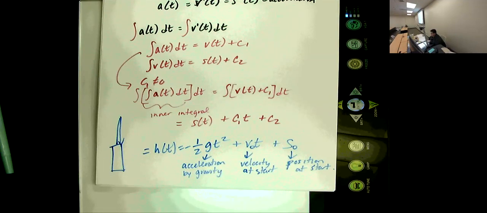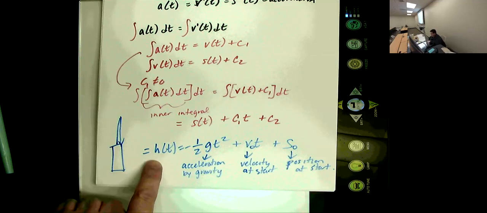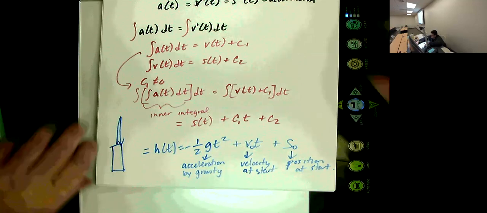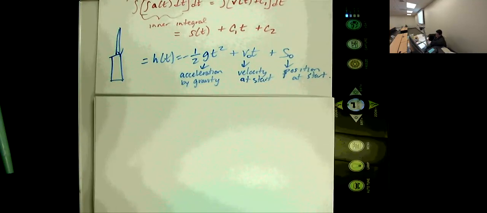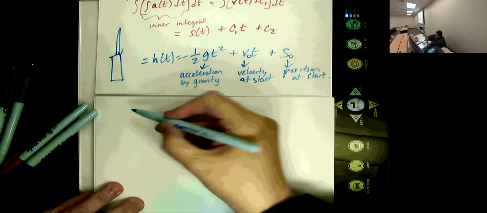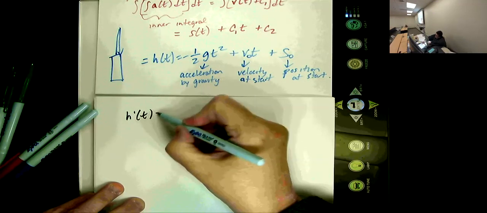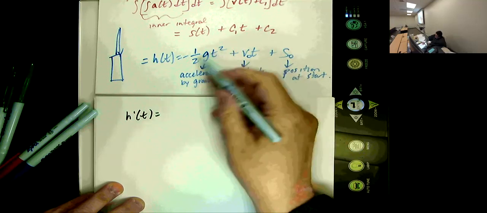It's accounting for downward gravity. And if you take the derivative of this, you get the velocity. This is a position function. Take the derivative, you get the velocity function. Take the derivative again. H prime of t is negative. We bring down the 2.